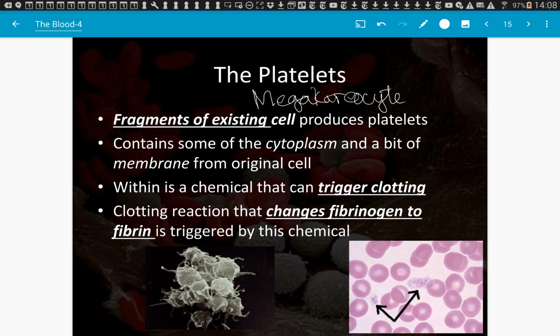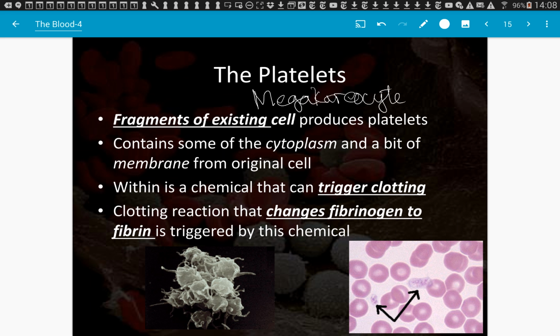It triggers the conversion from fibrinogen into fibrin, those sticky little fibers that basically form kind of like a spider web over the damaged area. And then those red blood cells stick to it, platelets stick to it, and it forms a clot, the beginning of the scab. Okay? So remember that platelets are what triggers that conversion from fibrinogen into fibrin.